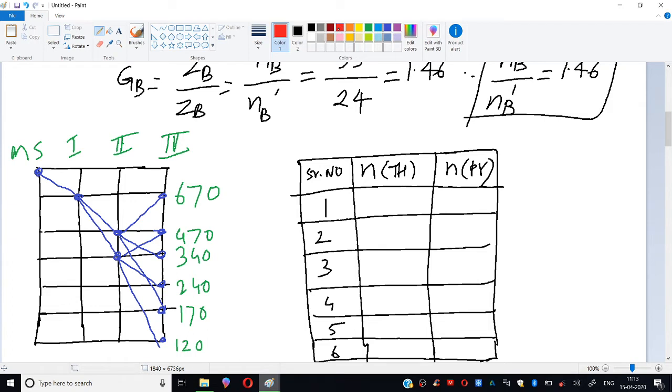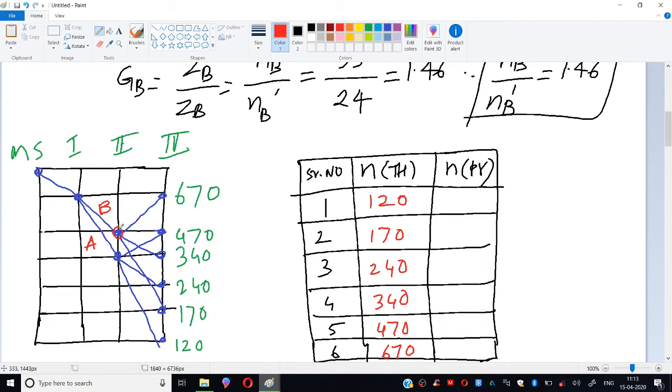Now we have already written the theoretical speeds: 120, 170, 240, then 340, then 470 and the last one is 670. There is deviation at a particular point only, and that is related to B. So we will focus only on the speeds related to B. From the diagram, this is B and this is A. If we check B, the speed deviation is for these two speeds.